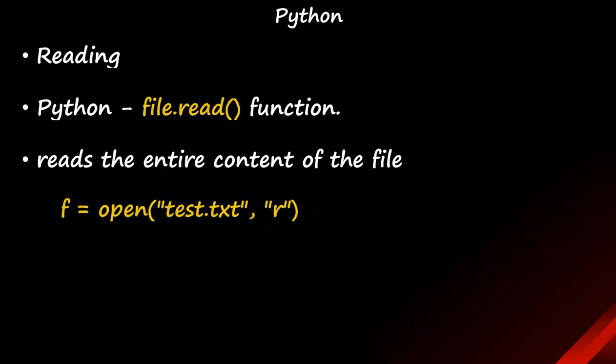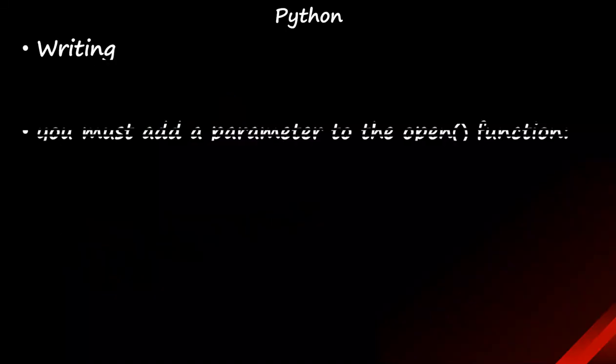You need to open a file, then with the open function mention a file name, which is test.txt. You want to read the file, so the mode is R, and then c equals file.read, and then print c. So here you can print all the content of a file using a file handler.